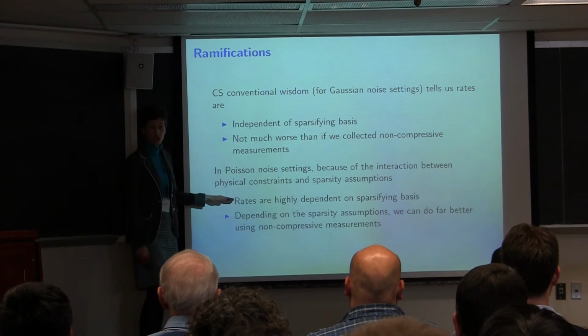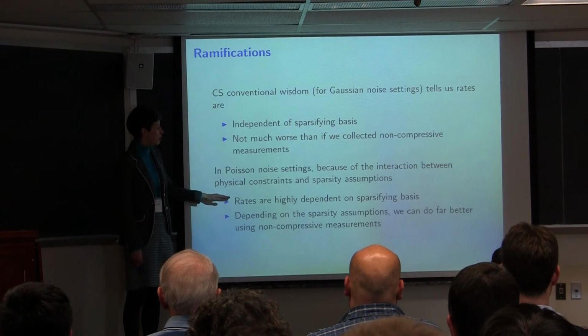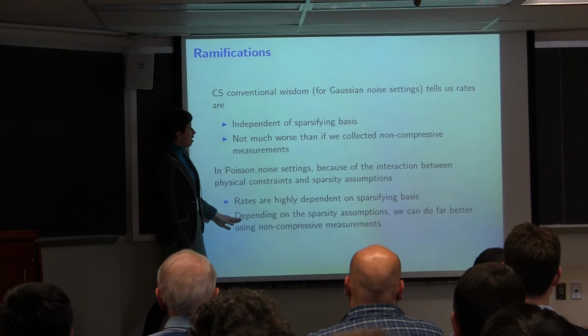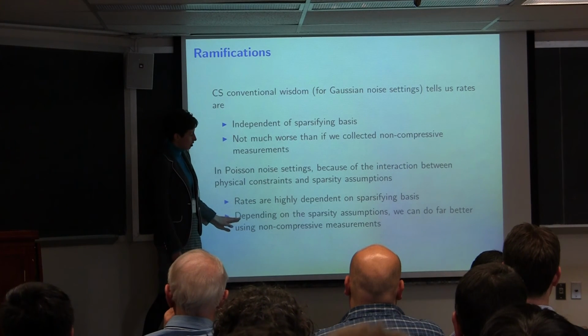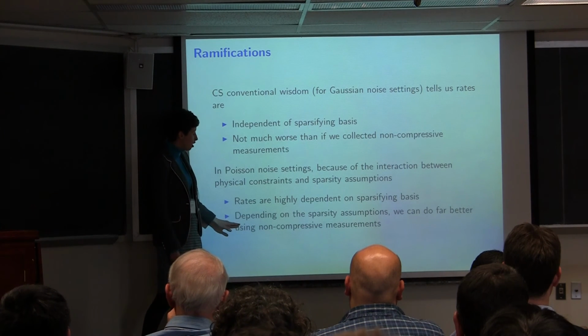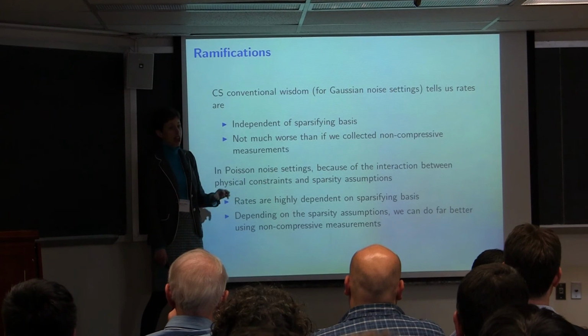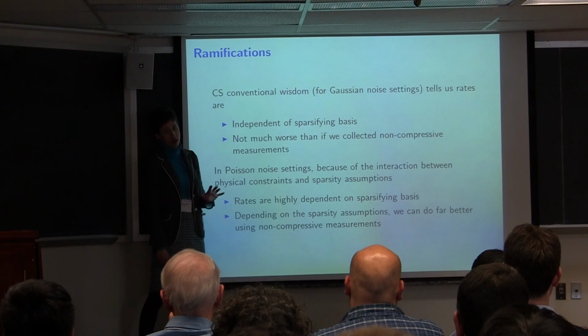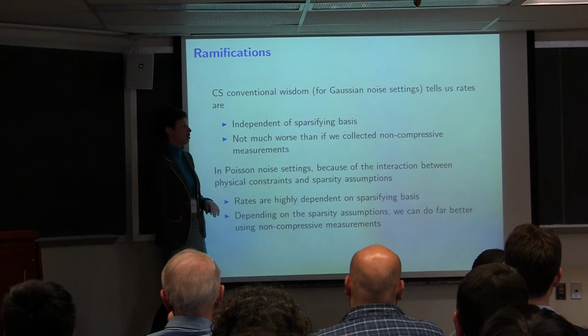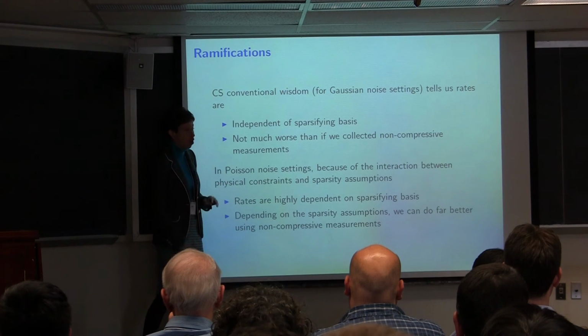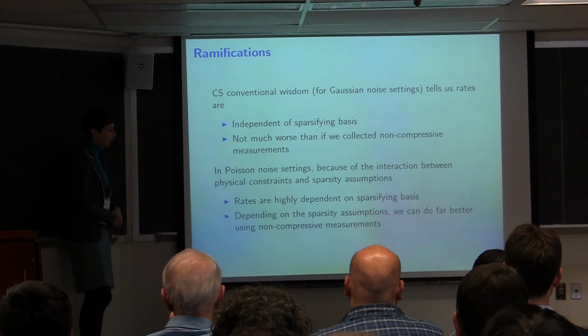The rates, at least in the low intensity regime, depend very much on the sparsifying basis. And at least in certain sparsity situations, we can do far better using non-compressive measurements and just trying to get highly accurate measurements of some of the non-zero coefficients rather than getting terrible measurements of all of the non-zero coefficients.